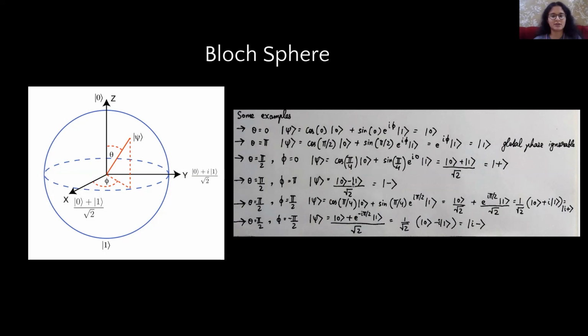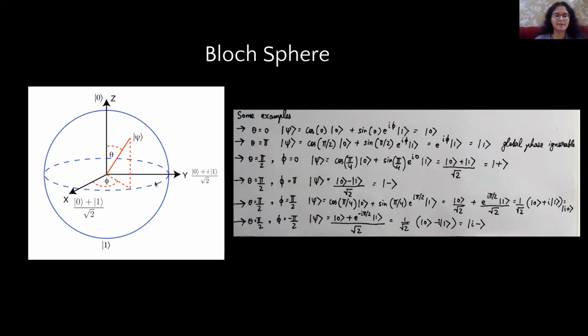It's just that the direction is negative now. And in fact, this is also a phase, but this one is not ignorable because this is relative. So again, we get 50-50 chances of it being in ket 0 and ket 1. So it's an important state, and we've given it the name of ket minus.